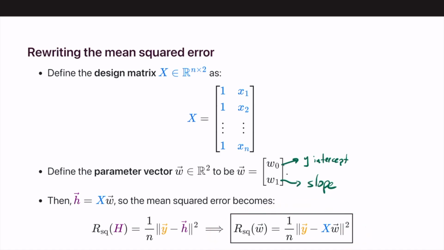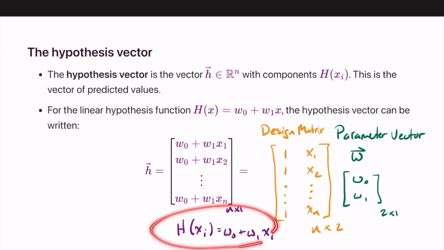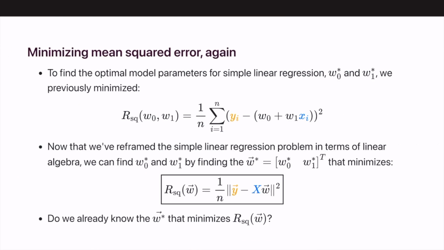And because the h vector was kind of this complicated thing that we were dealing with, we had to repackage that into something that's more malleable using linear algebra. So that's where we're at now. This is what we have. And if you think back to how we originally wrote mean squared error before, this is what we were originally doing. This is the new way that we're now writing mean squared error.